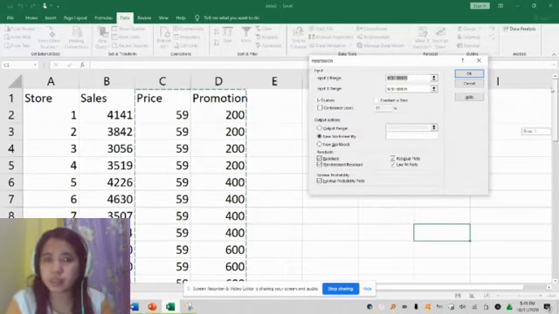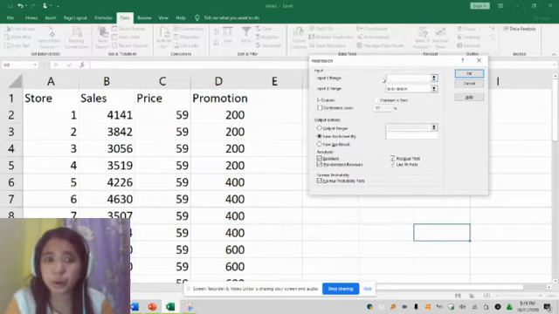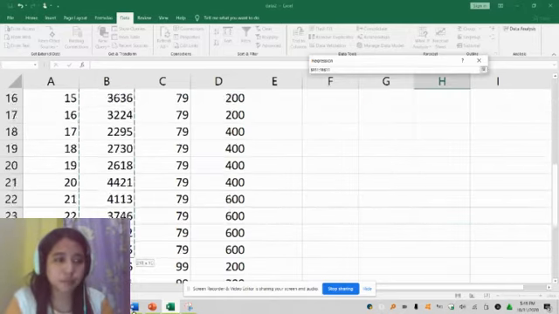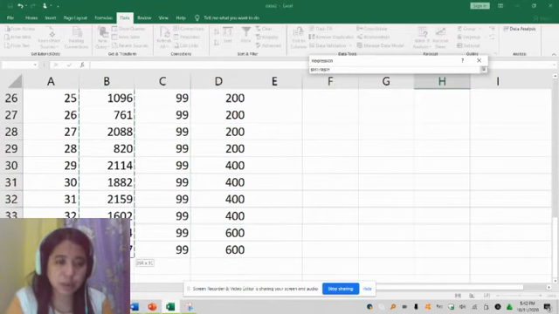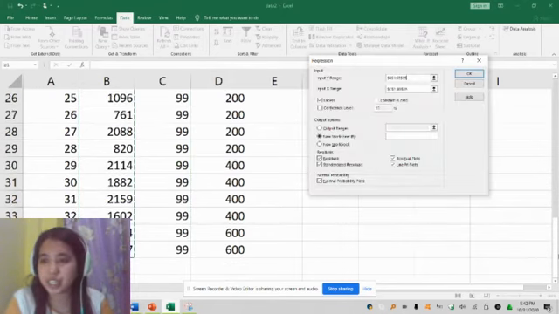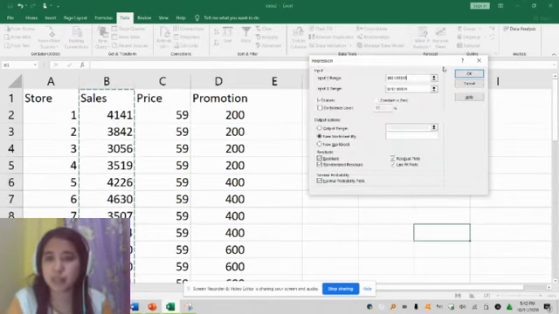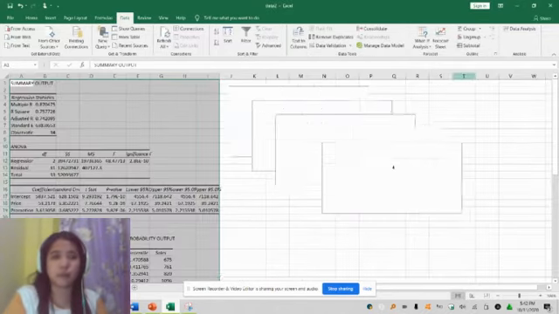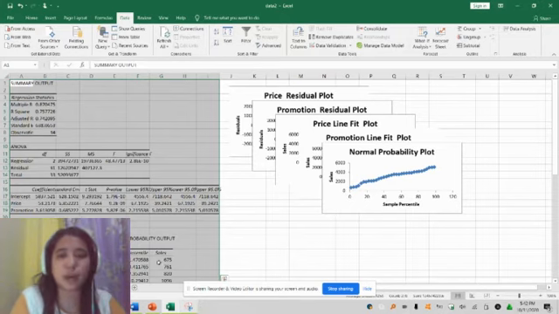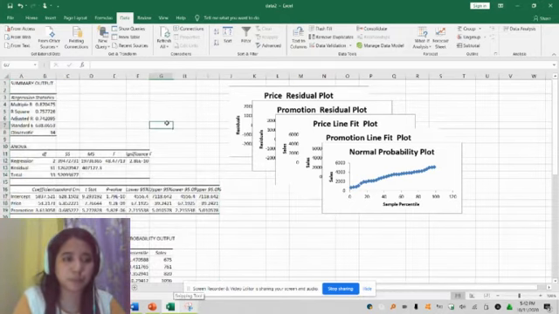Let us see, what went wrong to our data? Sorry. Let us change our Y range. As mentioned, we just need to select the values of sales. And then C2:D will be our input X. Then click OK. So this is now the generated regression result.